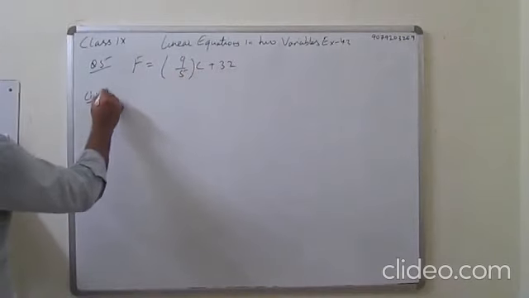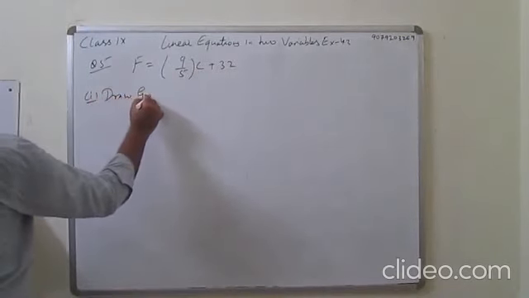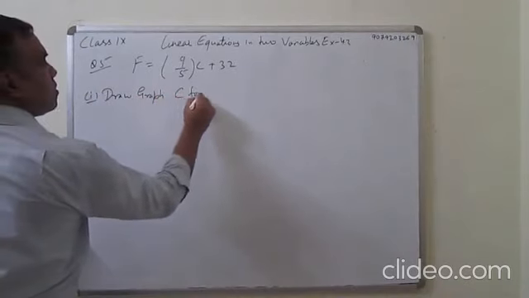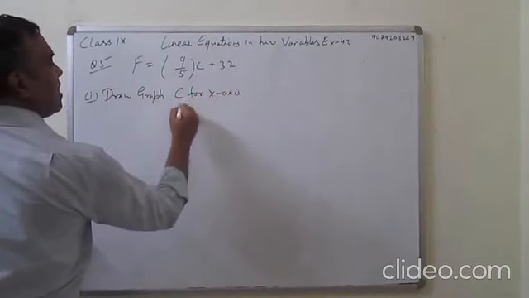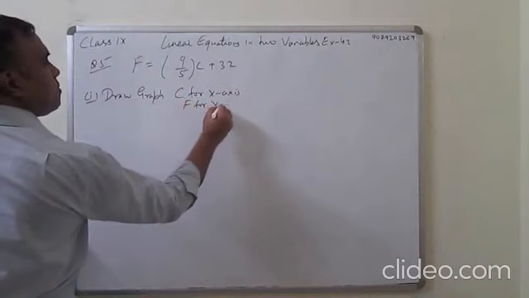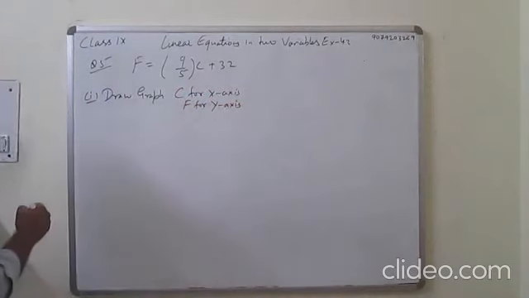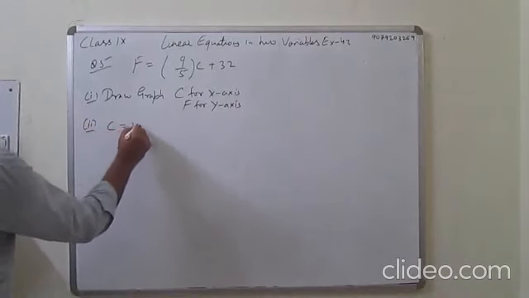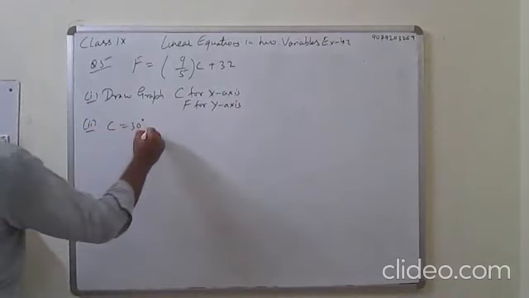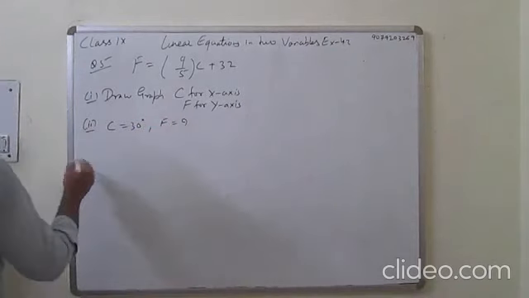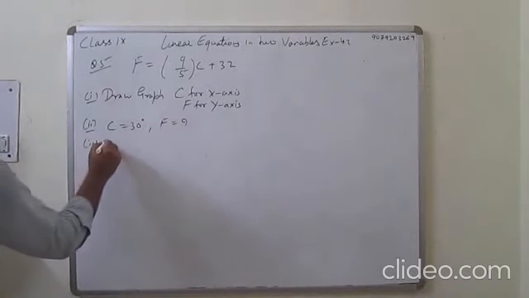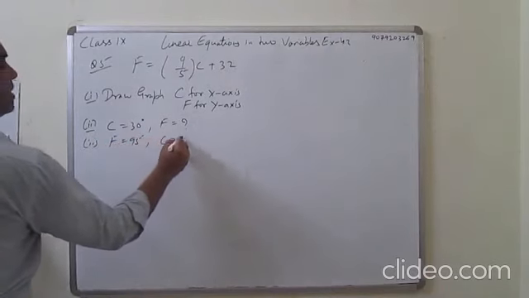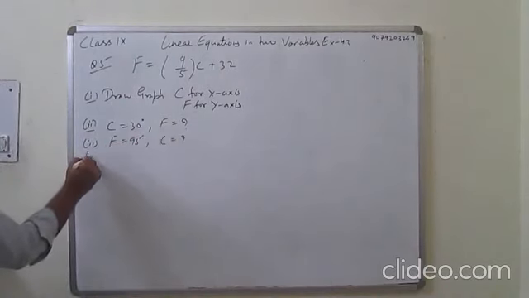You have to draw a graph by taking Celsius for x-axis and Fahrenheit for y-axis. Second, if Celsius is 30 degree, then what is the temperature in Fahrenheit? If Fahrenheit is 95 degree, then what is the temperature in Celsius?